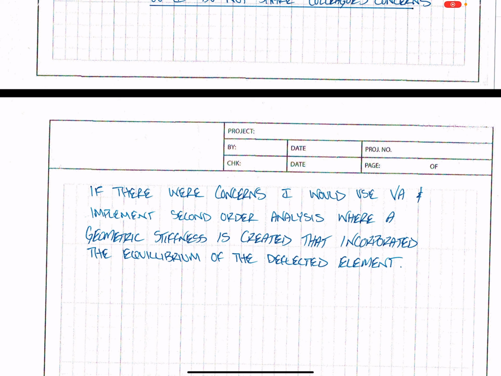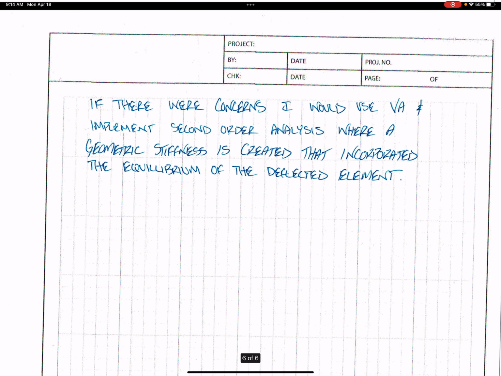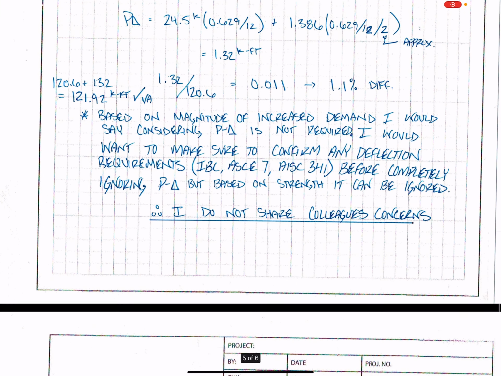It takes into account some of those effects and makes you limit your displacements associated with that. If I use VA, I would implement second order analysis where geometric stiffness is created that incorporates the equilibrium of the deflected element. Something along those lines, right? Because that's what VA is doing.